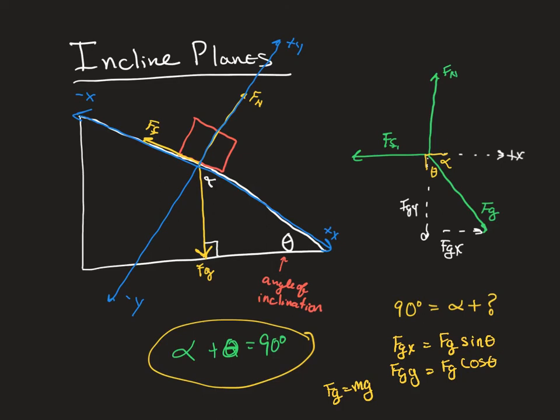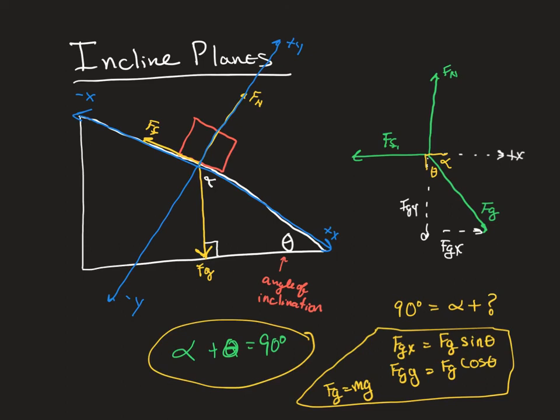This is how we're always going to set it up for inclined plane problems. These are on your equation sheet, so you don't have to remember that they're flipped for inclined plane problems. You have to use sine for the x and cosine for the y, but you do have to know where to apply that.